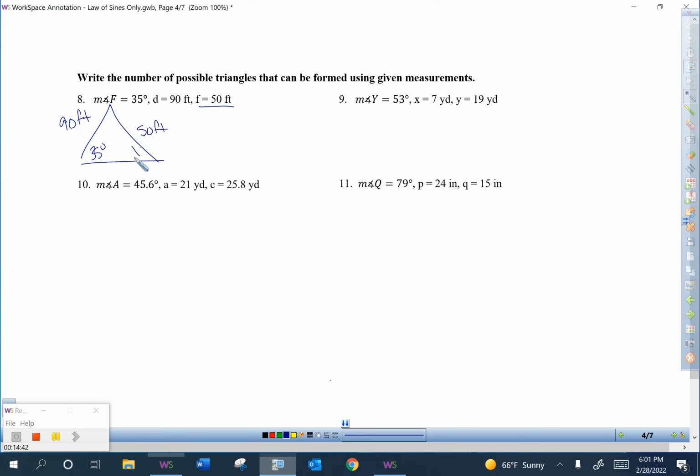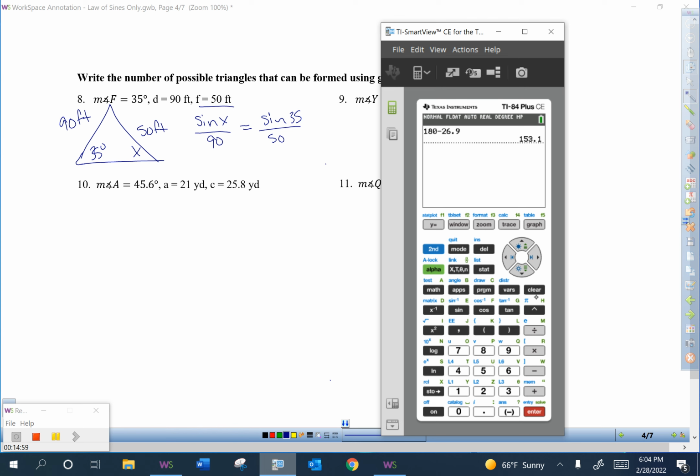The thing we're going to solve for is always across from that third measurement, and we're going to set it up. Since it's an angle, I'll put sine of x on top over 90, equal to sine 35 over 50. Just in your calculator, we're going to do all the work for this one. So 90 gets multiplied over, sine 35, enter, divided by 50.